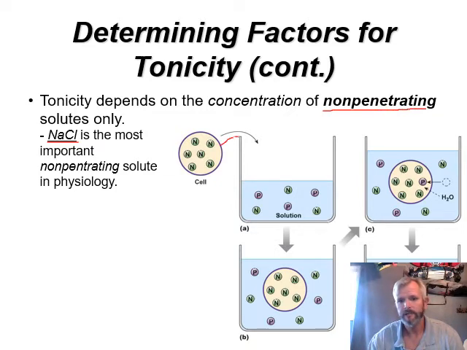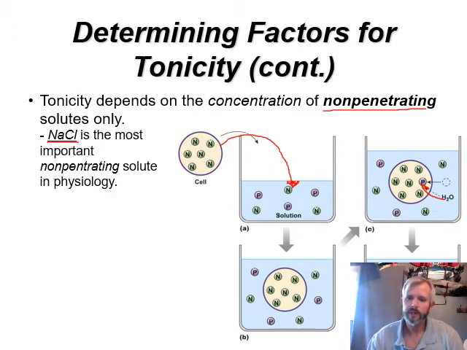You put your little cell in here. P is for penetrating, N is for non-penetrating. You can see there are fewer non-penetrating solutes in the solution compared to the cell. So if I compare non-penetrating solutes, where's the higher amount? It's in the cell, and so water is going to move in and swell the cell.